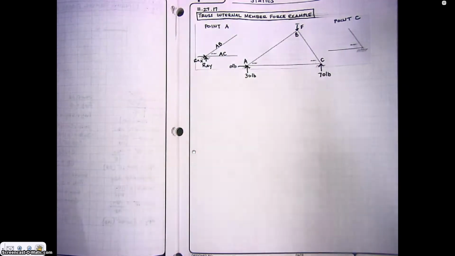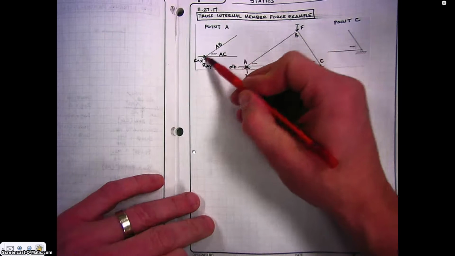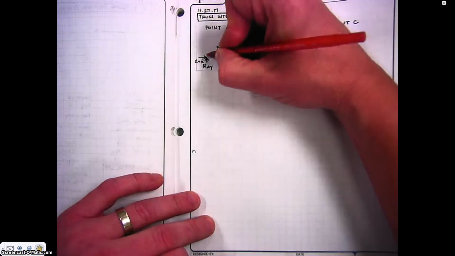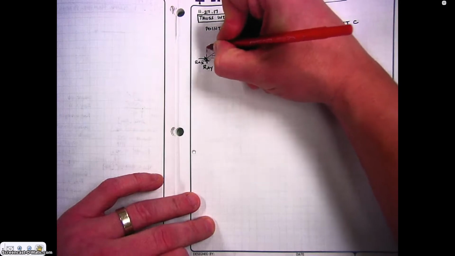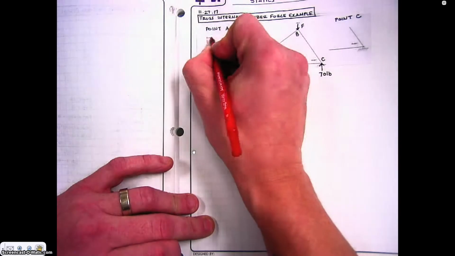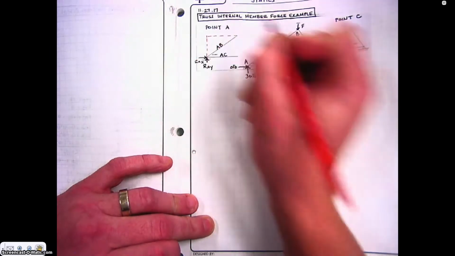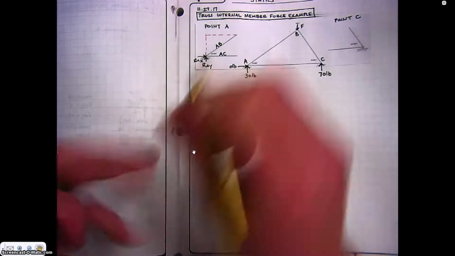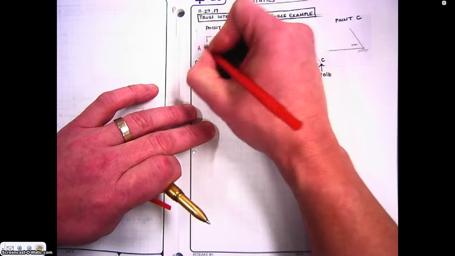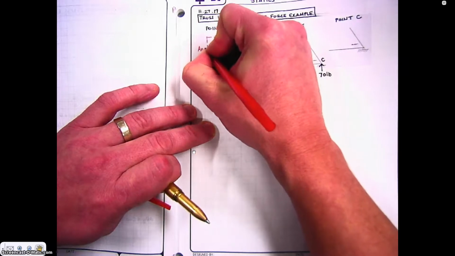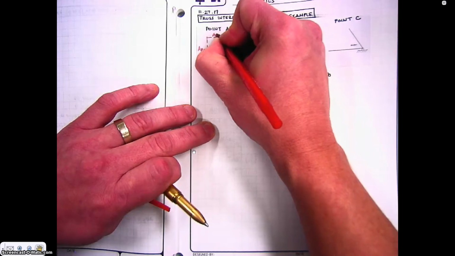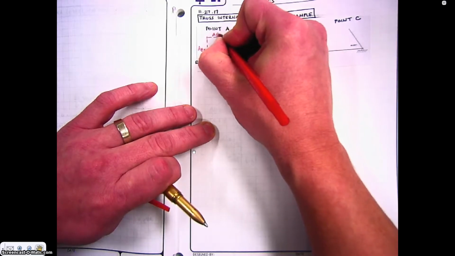All right. Now to calculate the force on member AB, we have to do some vector addition. I'm going to draw a vector in the Y direction, and draw over a vector in the X direction. We're going to label these vectors AB in the Y direction, the magnitude of AB in the Y direction, and AB in the X direction.